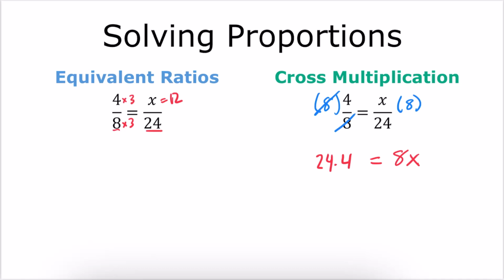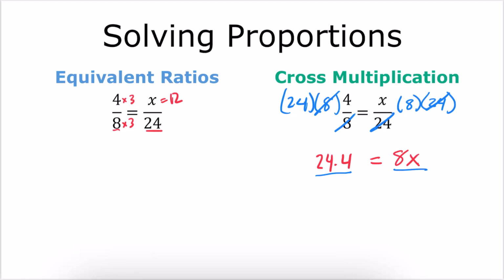Then if I multiply both sides by 24, this and this will cancel out. The simplified version is just going to be 24 times 4 and 8 times x. So cross multiplication is basically just a shortcut for using algebra to get rid of the denominators of the fractions.